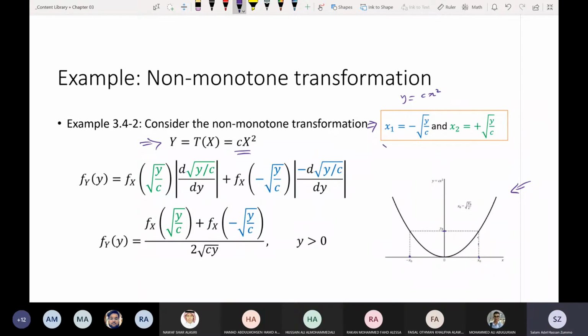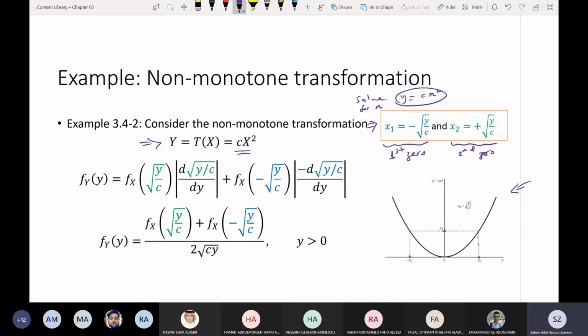x1, which is minus square root of y divided by c, the first zero, and the second zero is plus square root of y divided by c. Simply solve this equation for x.